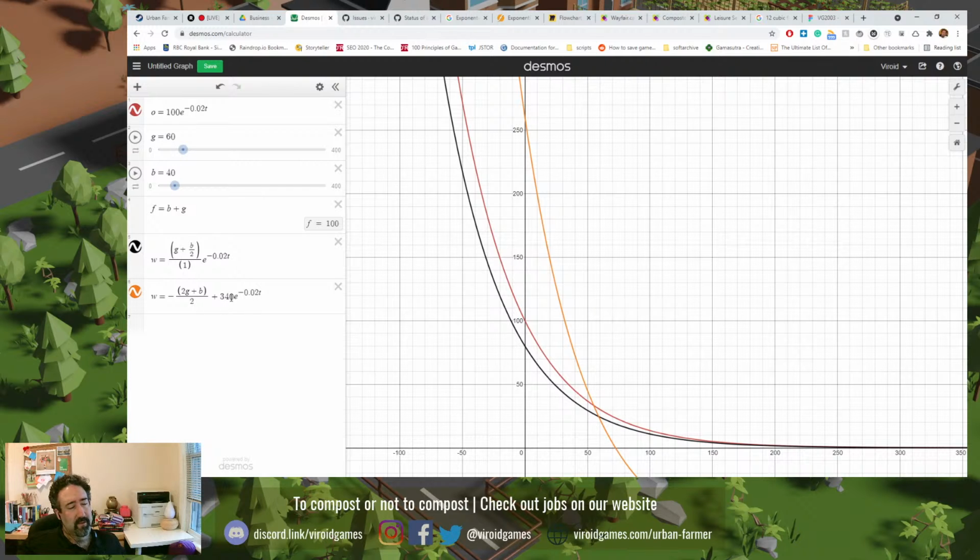Part that doesn't make much sense is they will be adding water. There will be rain every minute.